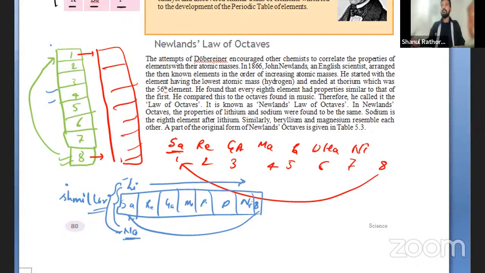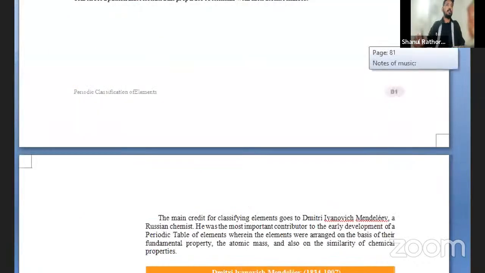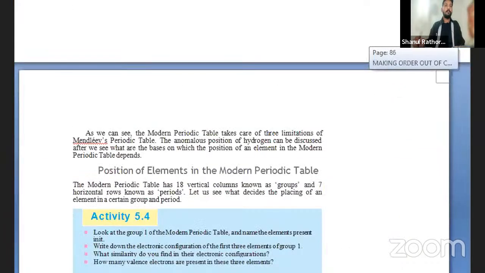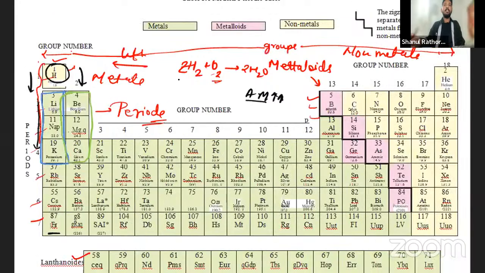And what is the next topic? Lithium, sodium, and wait a minute. Let me draw your attention again to the periodic table. Let me erase these so you can easily identify the specific topic.